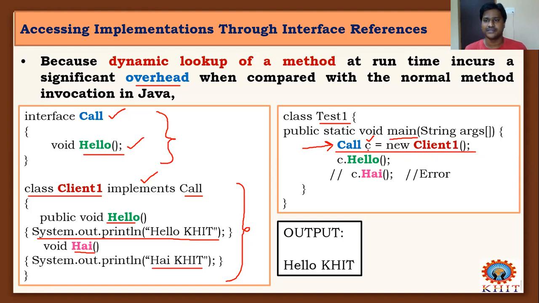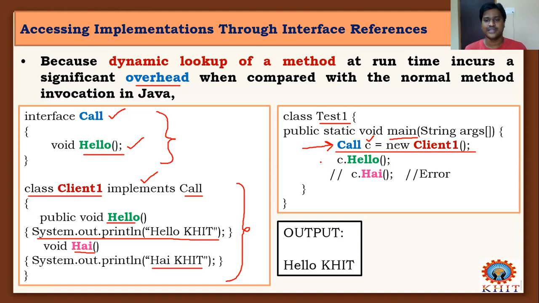Now C is a reference of an interface, and we are assigning this reference to a client class one object, right? Using this new operator, we are creating memory for the object of client one, and this object reference is assigned to this reference variable of the interface.